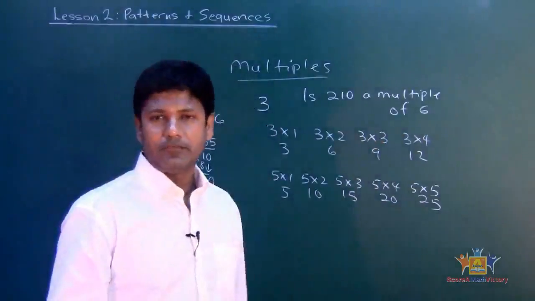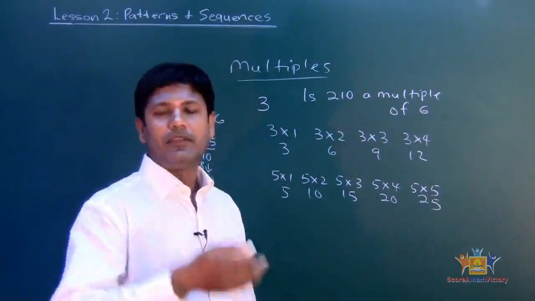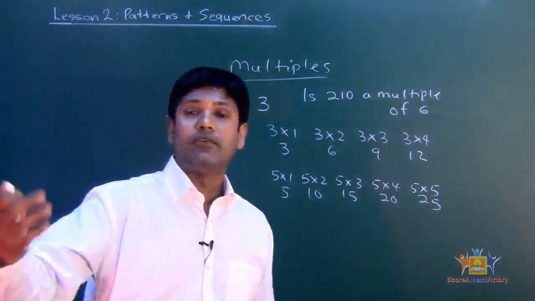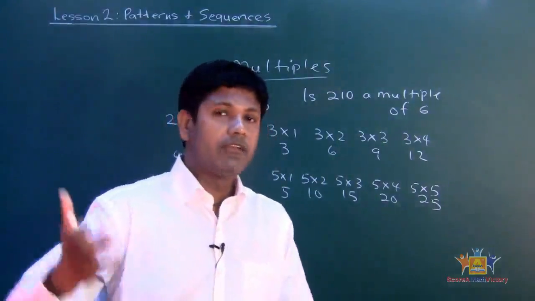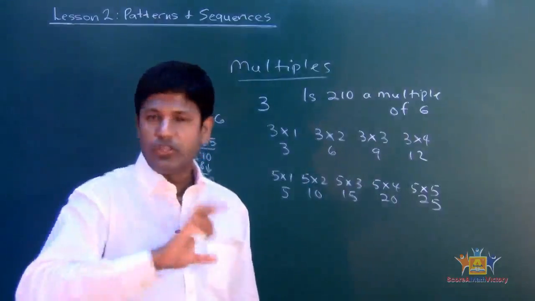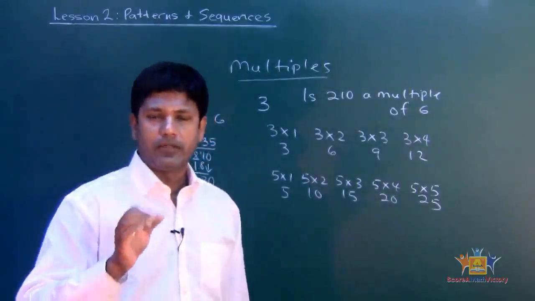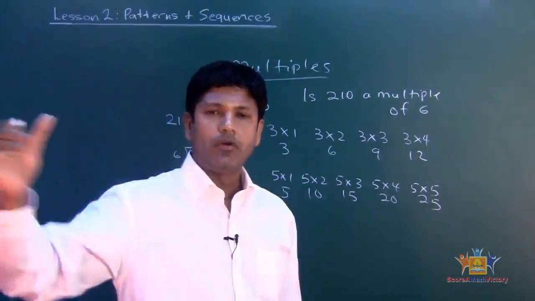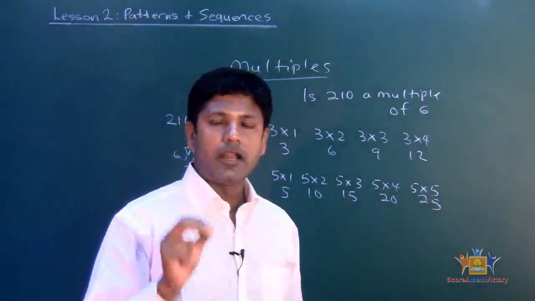Multiples of 7: 7 times 1, 7 times 2, 7 times 3, 7 times 4. If I ask you for 5, that's 7 times 5. Now, does 0 count? No, 0 is not included in the multiples. You always start with 1, 2, 3, 4, 5, 6 and go on. 0 is not a part of it.